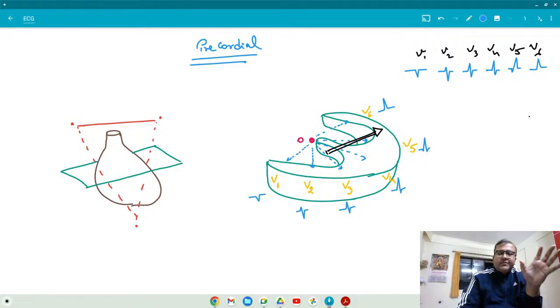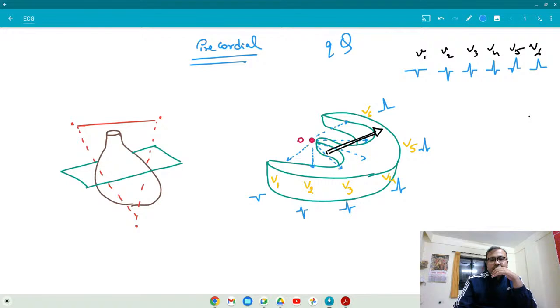So, the first negative deflection is always called the Q wave. How do we define the Q wave? Q wave is the first negative deflection. Now, do you know that in ECG there is a difference between this and this? Though there is no rule about it, in general, if we see that the deflection is tiny, we use a lowercase letter. But if the deflection is huge, we use a capital letter.